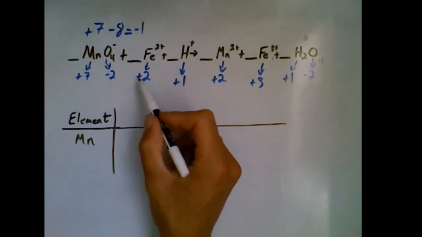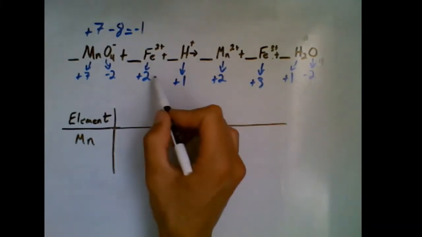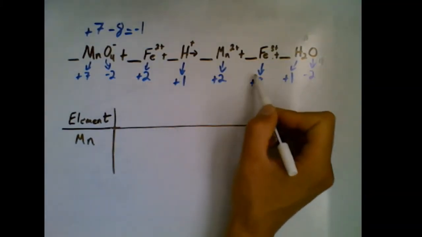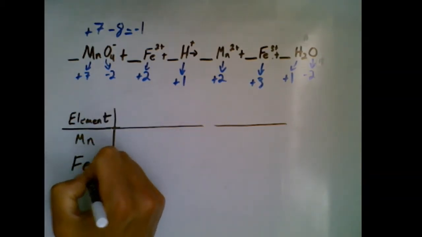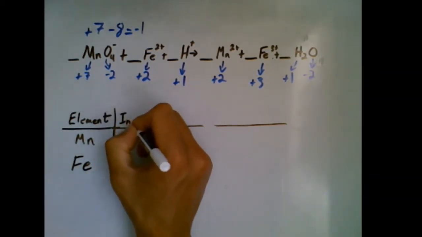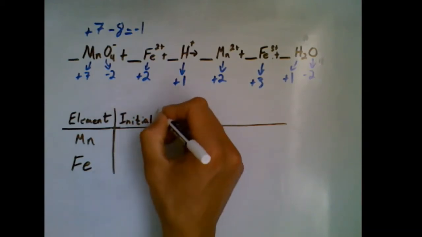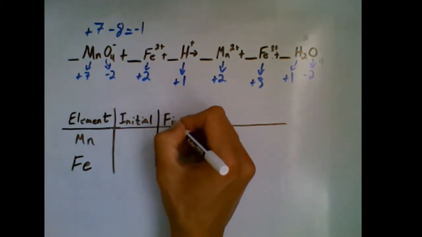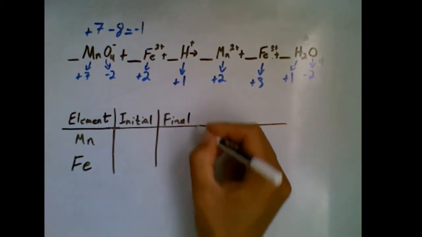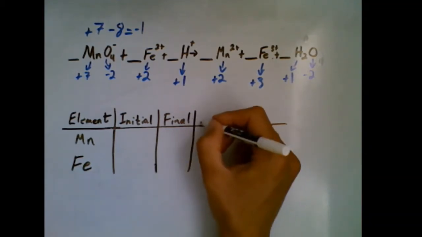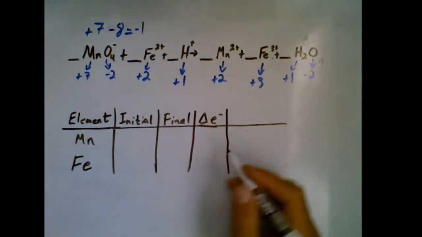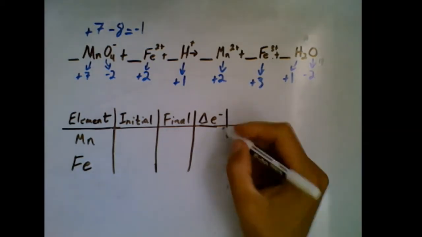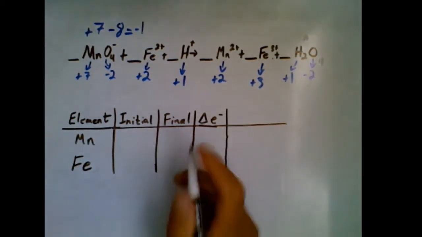What else has changed? Well, oxygen hasn't, hydrogen hasn't, but iron has changed. So we want to look at our initial, we want to look at our final, and then we want to look at our change in electrons. That's what we need to know here.